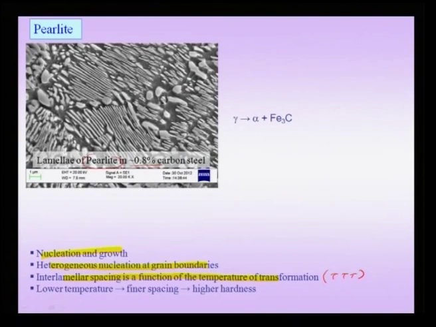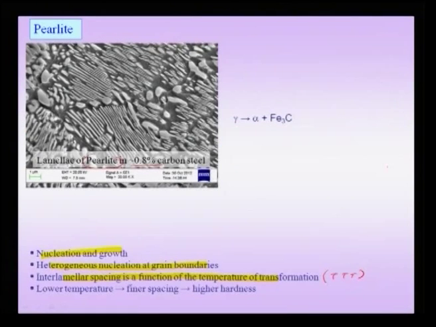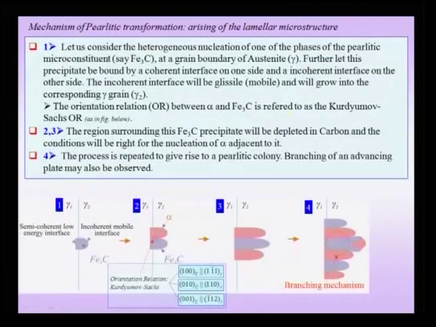When we drew the TTT diagrams, we noted that at higher temperature we obtain coarse pearlite, and at lower temperature, where the nucleation rate is expected to be higher but the growth rate lower, we obtain fine pearlite. We also noted that the finer spacing structure has a higher hardness. Of course, we are talking about the eutectoid transformation, which is gamma giving alpha plus Fe3C.